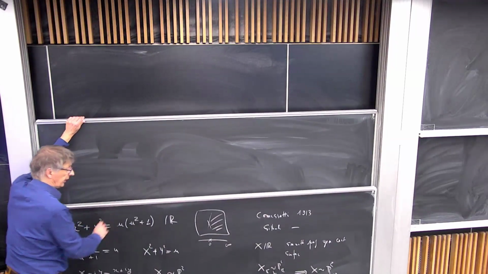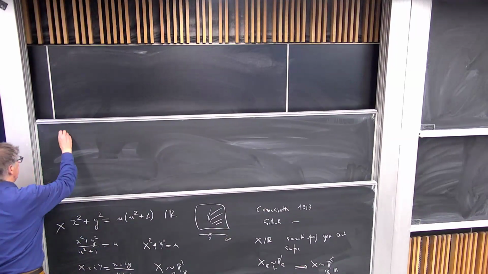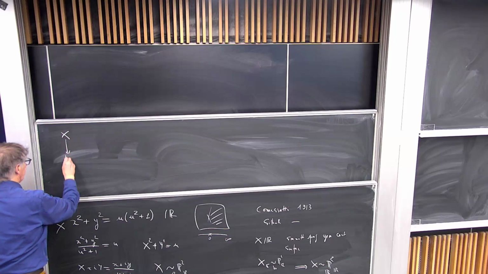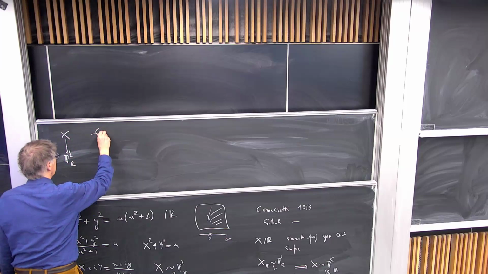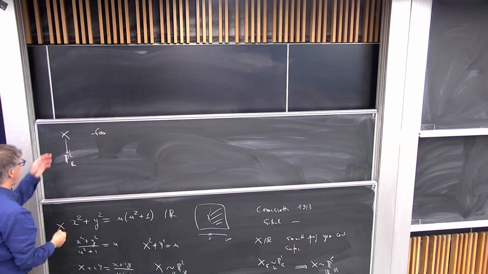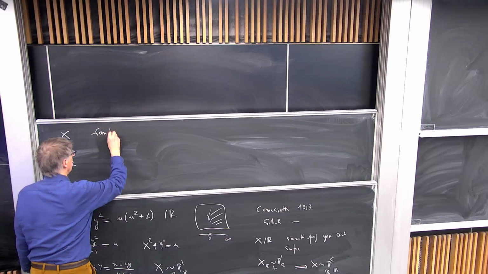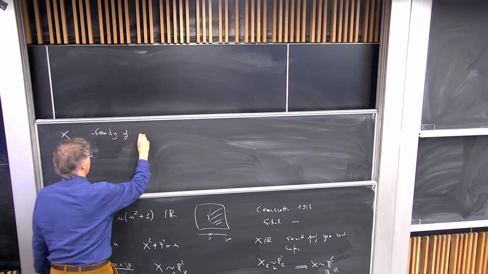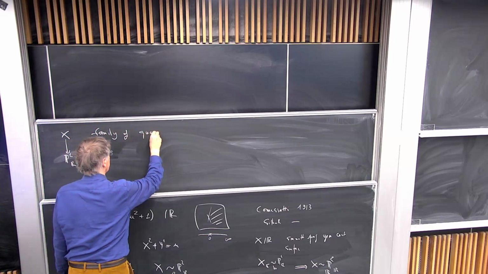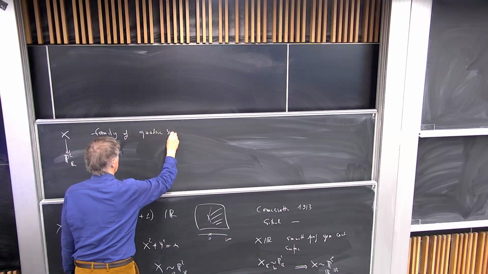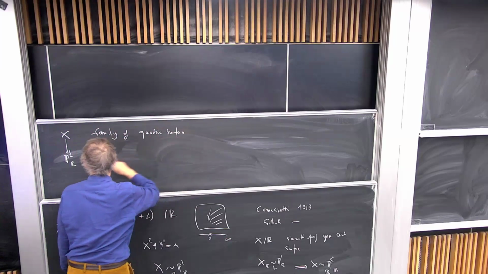And so the main question here will be, we look at X over P1R, a family. When I write this, I always think that X is smooth and projective. X over P1R is dominant, a family of quadric surfaces. So X has dimension 3 here.